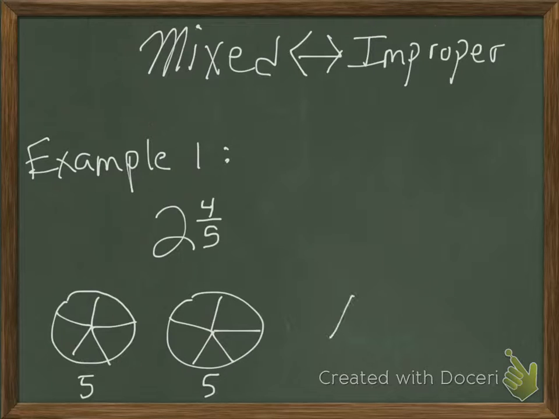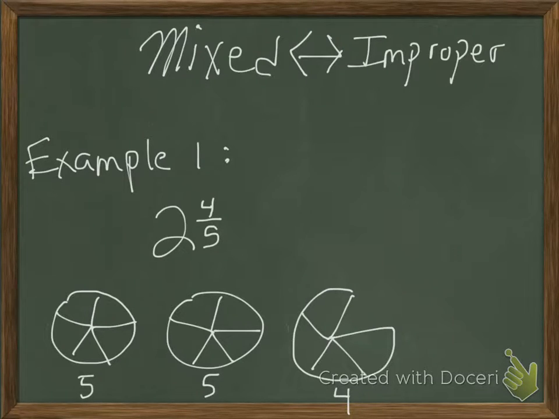Now, I have 4 of those fifth size slices here, so 4 more. So in total, I have 14 fifth size pieces.